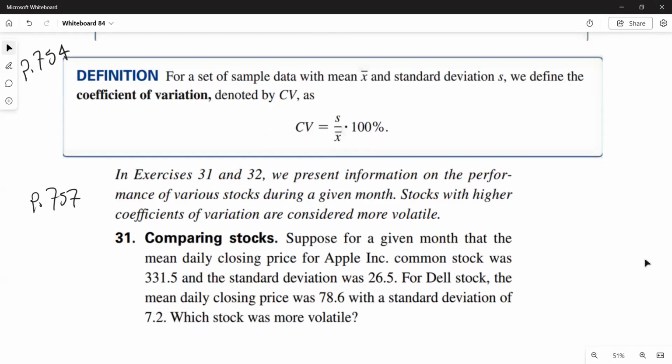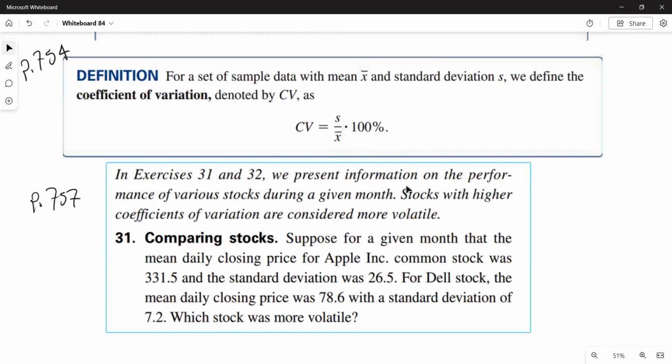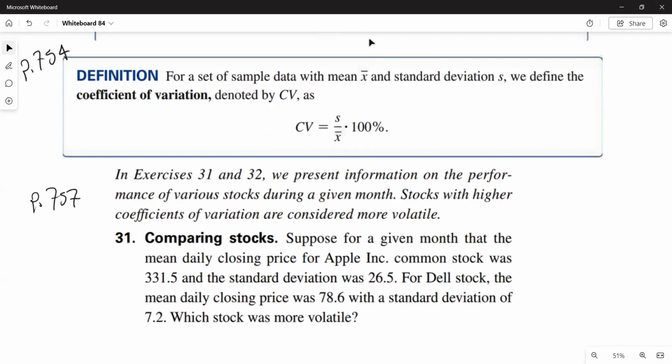Suppose for a given month that the mean daily closing price for Apple Incorporation common stock was 331.5, and the standard deviation was 26.5. For Dell stock, the mean daily closing price was 78.6 with a standard deviation of 7.2. Question, which stock was more volatile? So it says in the direction that stocks with higher coefficients of variations are considered more volatile.